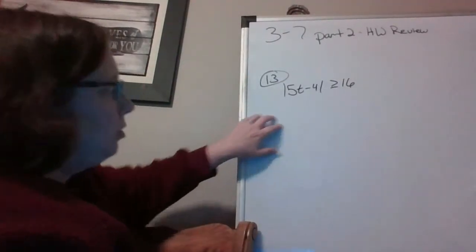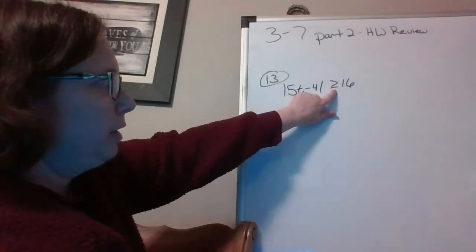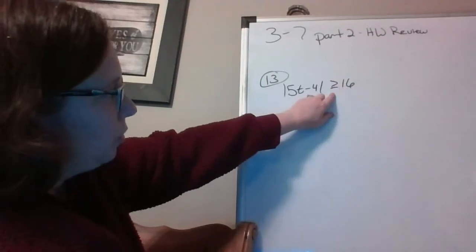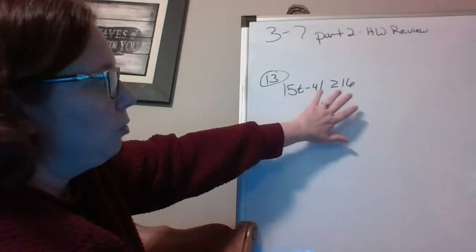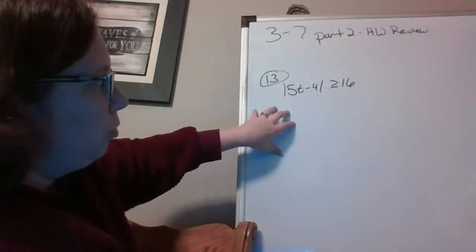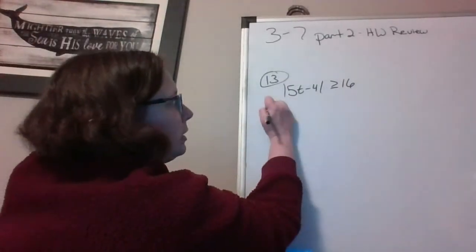Have number 13, which is the absolute value of 5t minus 4 is greater than or equal to 16. The greater than or equal to lets us know that this is going to be an or when we solve it, meaning we are going to need to write this in 2 distinct inequalities.